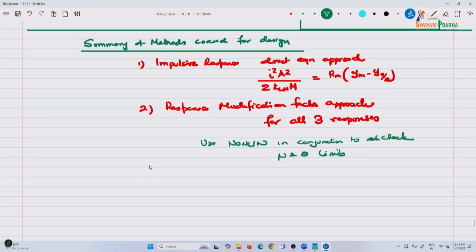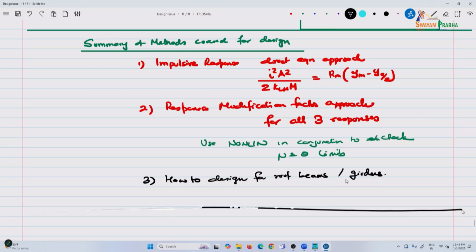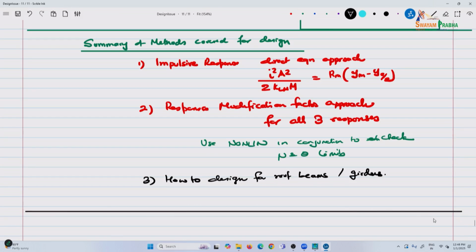The third thing we looked at was introduction to design for beams. Spent quite a bit of time on that as well. Quite a variety of topics that we had over 2 days.